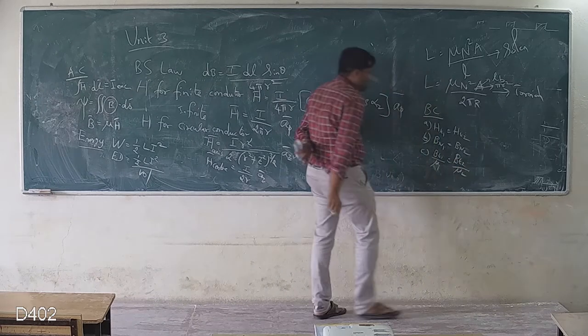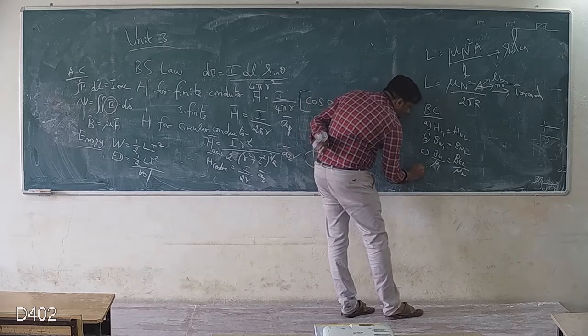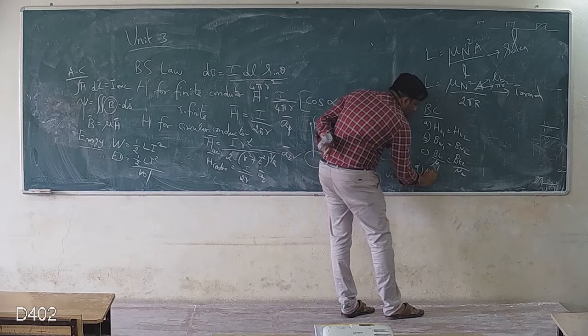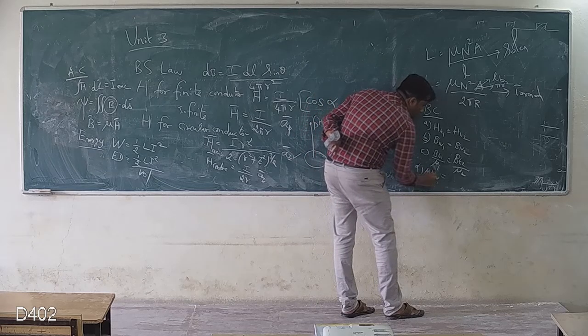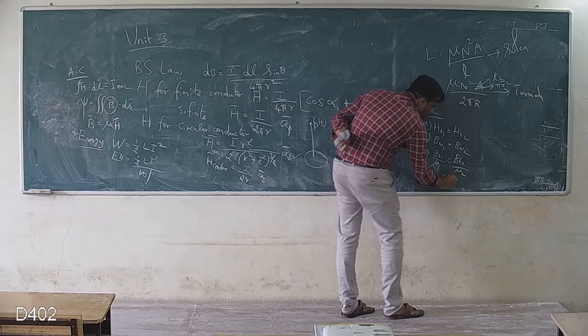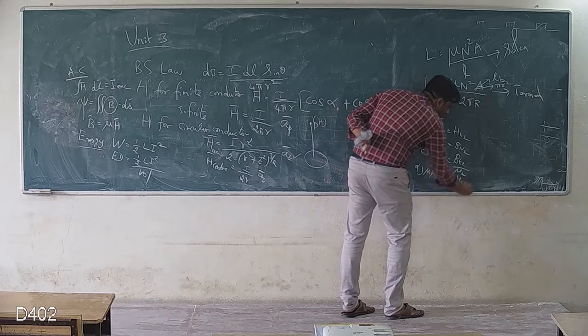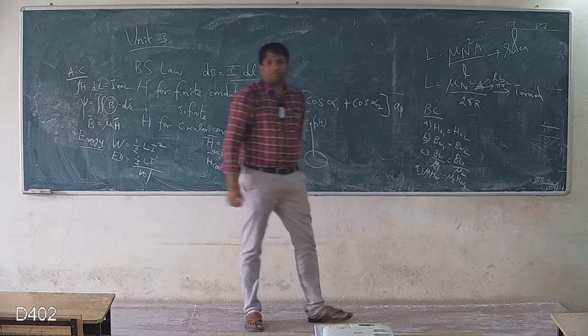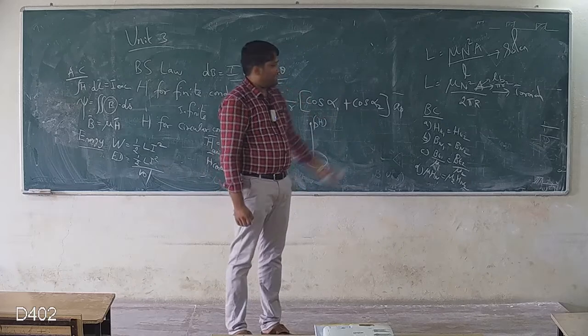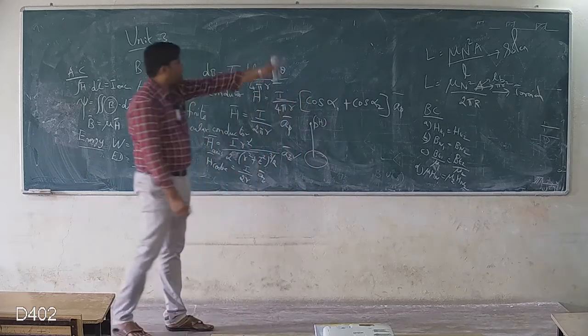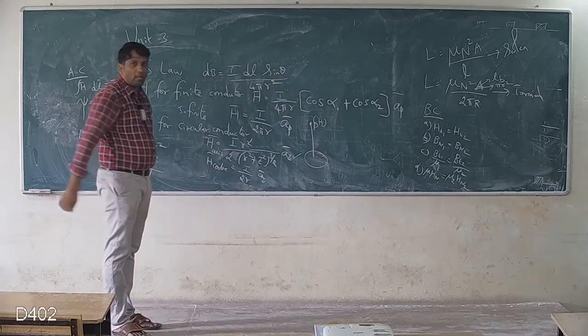This is the third formula. And from here, I can write mu1 HN1 is equal to mu2 HN2. So these are the four sets of formulas with the help of boundary conditions, and these are the formulas we have used to solve the 20 problems.